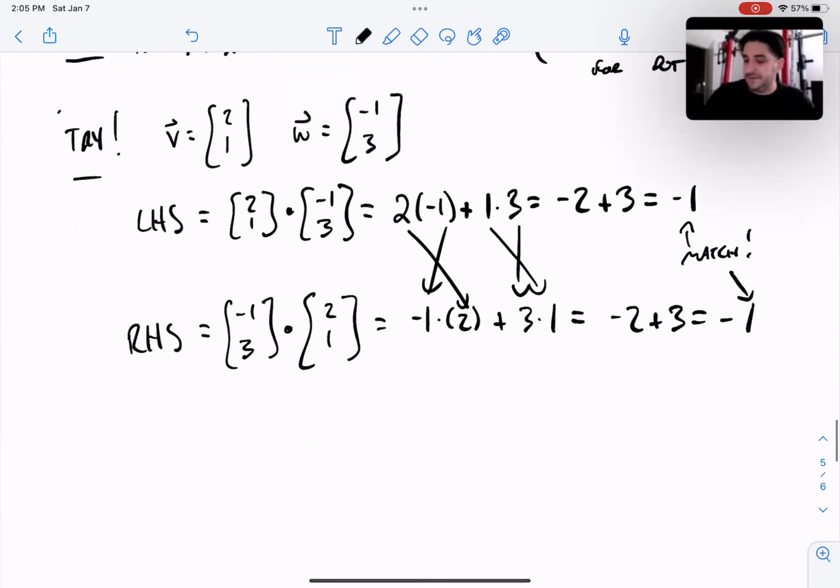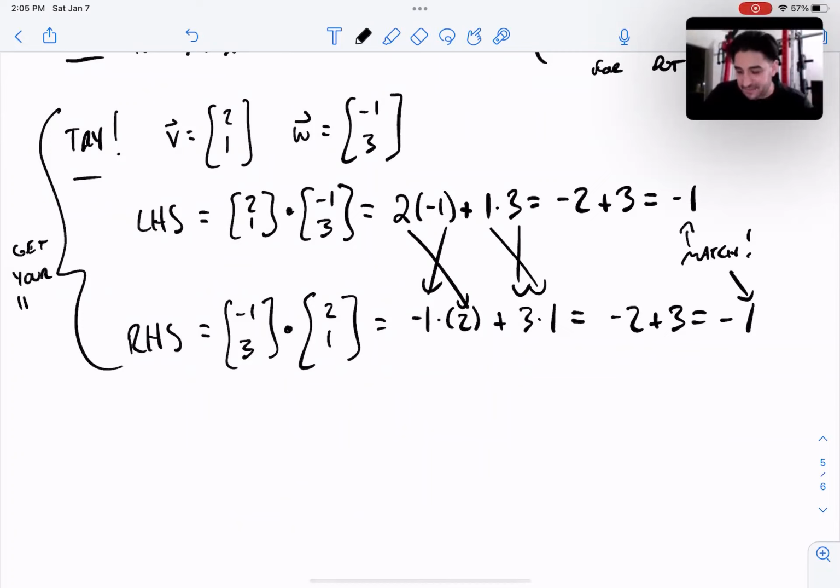By working out an example, I'm feeling good about this property. If you feel unconvinced after one example, maybe try 2 examples, try 3 examples, do a couple until you feel like you believe that it's true. A lot of times in problem solving, they call this get your hands dirty.